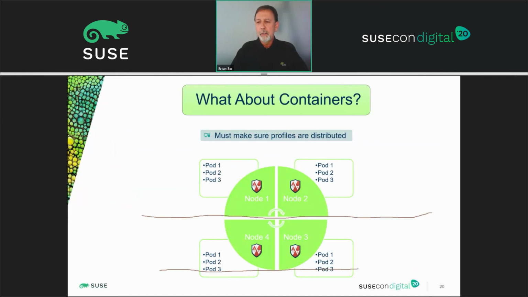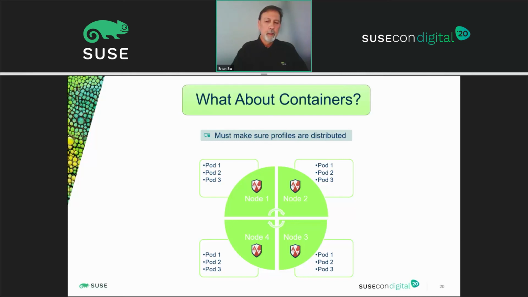Now, the trick here, and let me get rid of my drawings. The trick here is that in order for this to be effective, I need to make sure that the profiles for my containers are distributed evenly to all nodes in the cluster.